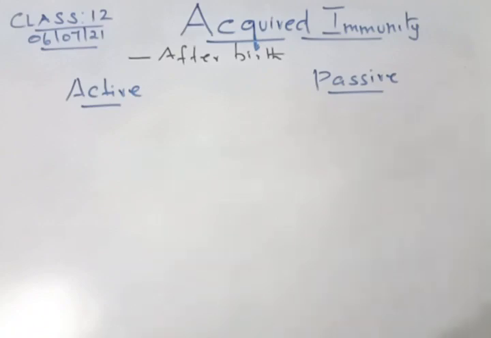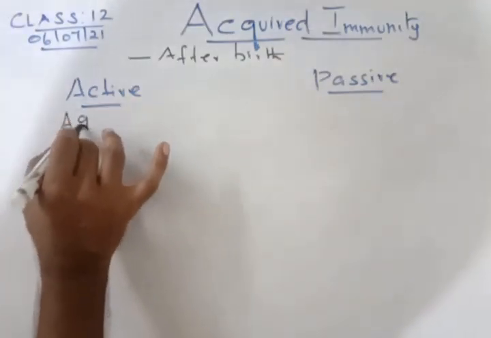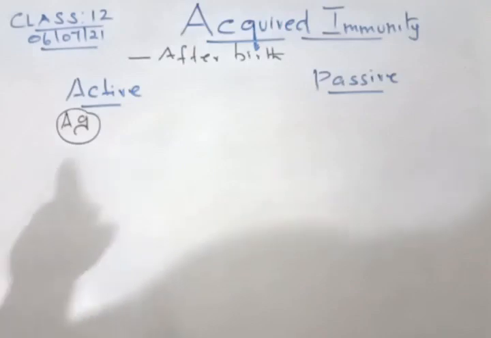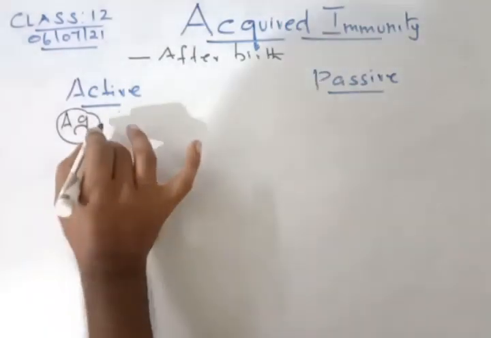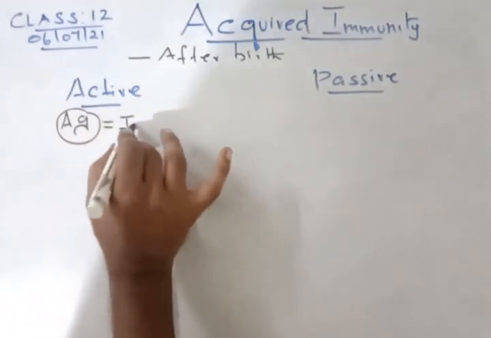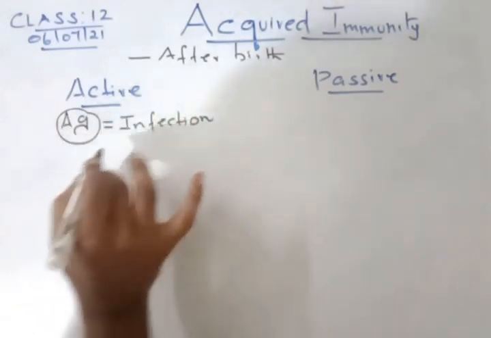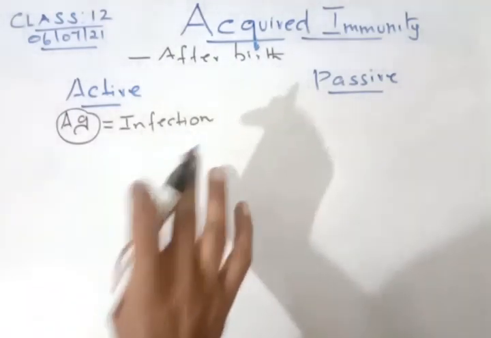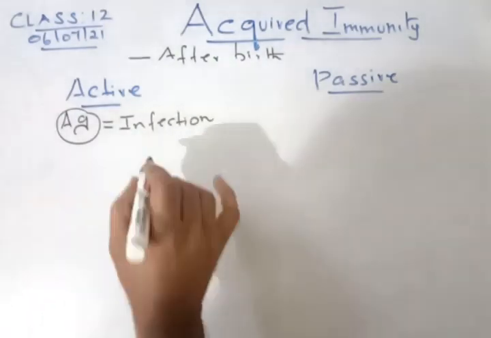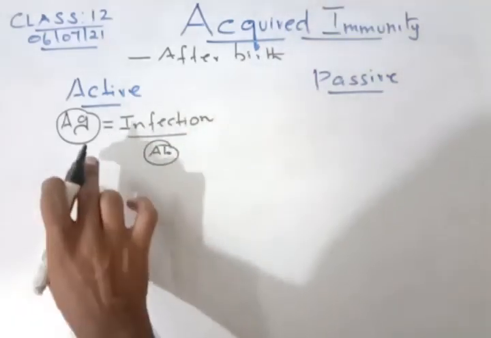Now the active immunity, in the sense, here the antigen has contact with the immune system. After a person is affected with the disease, the antigen will cause an infection, and because of this infection, antibodies are produced in the person's body against this antigen.